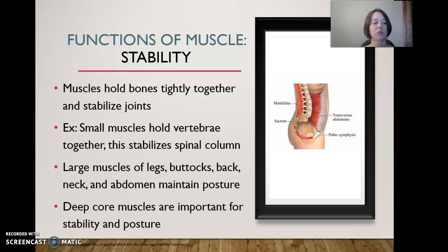And we're going to talk about what deep core muscles are. So kind of like the pelvic floor, these muscles around the vertebrae, and not the abdominal muscles you can see. There's actually 4 layers of abdominal muscles, and the deepest one, the transversus abdominis, is the one that is your core muscle.